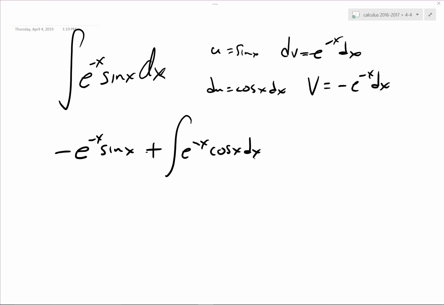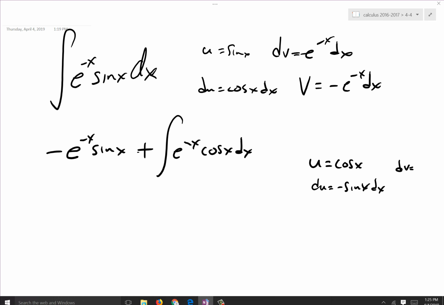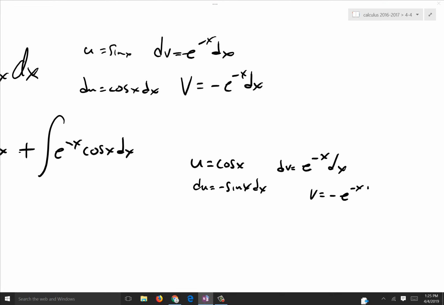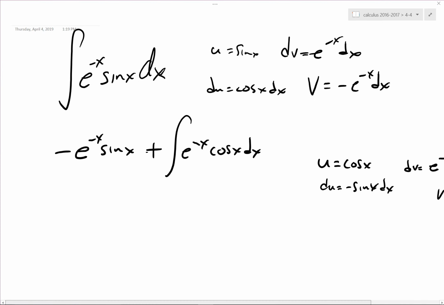Now what? Do it again. So uv, negative e to the negative x cosine x, minus the integral of v du.